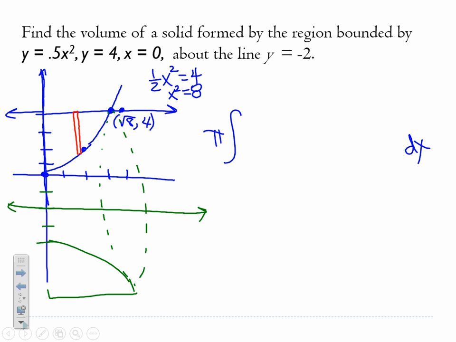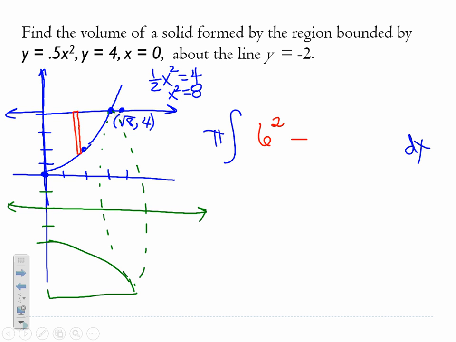So our outer radius is always 6. So 6 squared is our outer radius, minus our inner radius, from the bottom of our rectangle to our axis of rotation.